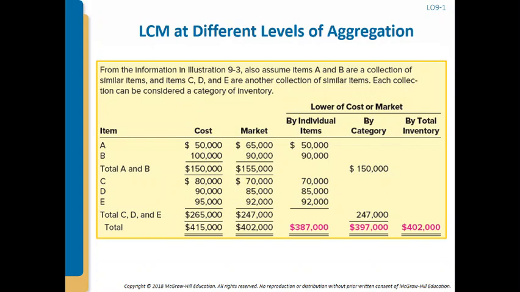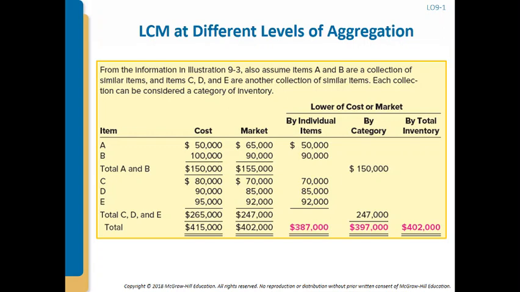Again, you can do this by individual items. If so, then this is what it would look like. That would be the 387,000. If you did it by category, like we did with LCM NRV, then it would be 150 for the first category of totals A and B, or items A and B, and then for C, D, and E it would be 247,000.